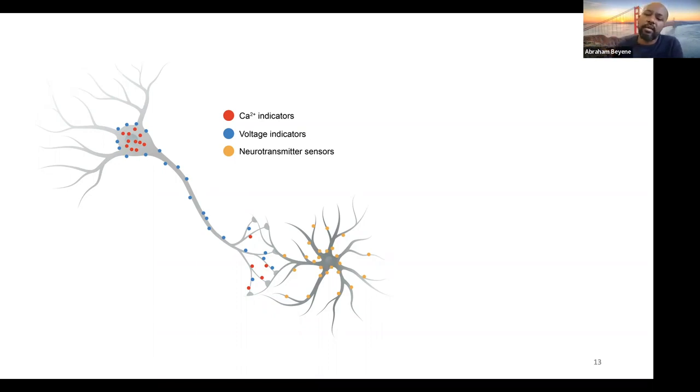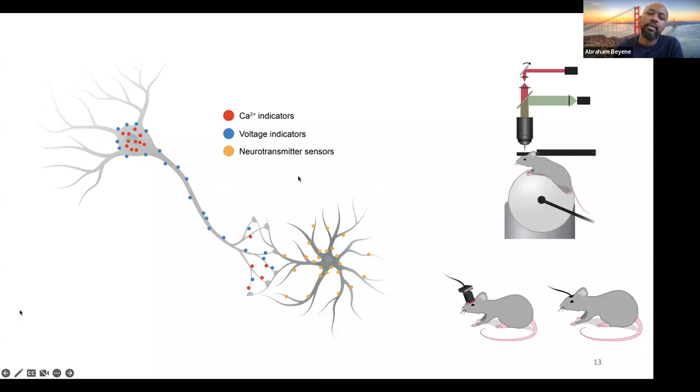But one thing that most of these share in common is the modality in which they are used, right? So you have these 2-photon or wide field imaging microscopes or some miniscope or maybe even fiber photometry, where the emphasis for these biosensors is almost always on getting information from as large a number of neurons as possible. Sometimes you don't even care about the spatial information. You might do fiber photometry to look at temporal kinetics in some region of the brain.